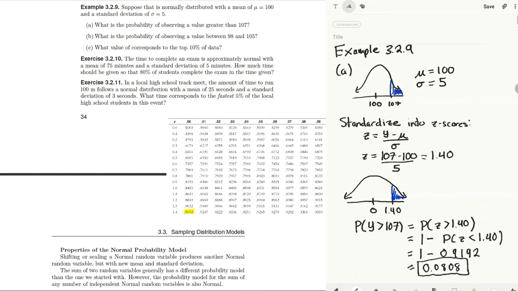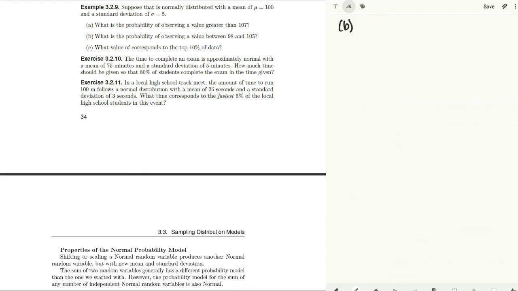And so the probability of observing a value greater than 107 is 8.08%. So now what is the probability of observing a value between 98 and 105?